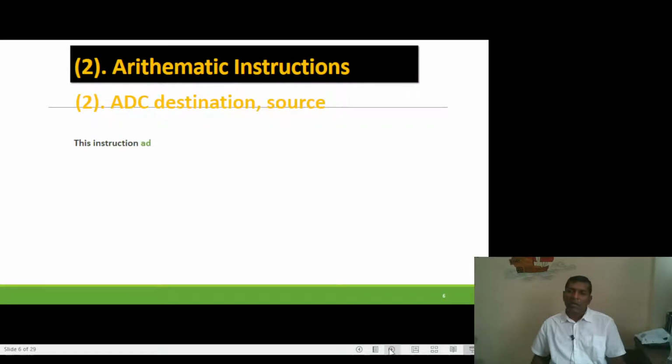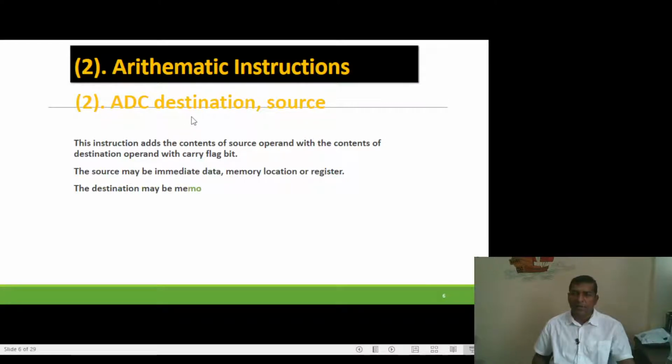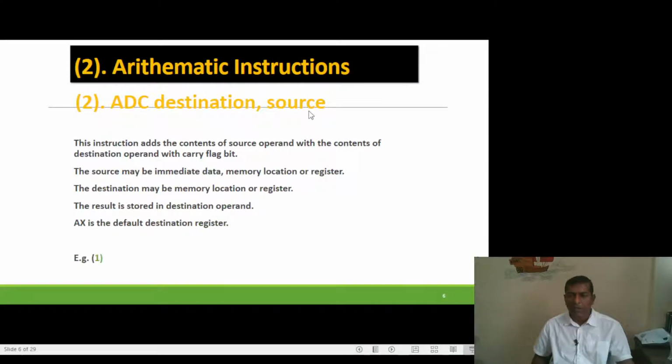The second arithmetic instruction is ADC. It has a structure like ADC destination comma source. The destination and source can be a register or a memory location also. In this instruction, the contents of the source operand are added with the contents of the destination operand along with the carry flag.